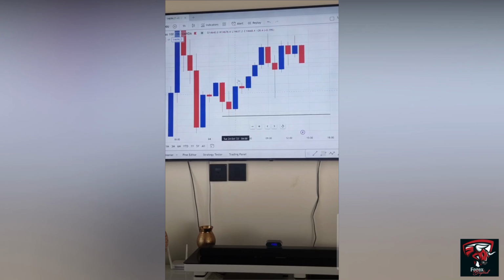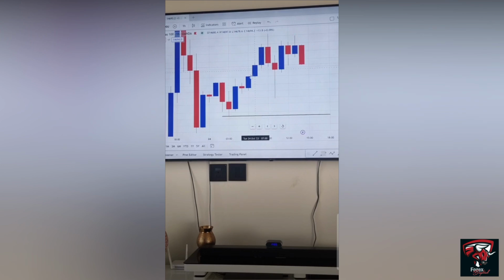What happened? It went up before this candle came, right? The candle came down, price made this low and continued going higher. So all the people who came down, price made this low and continued going higher.